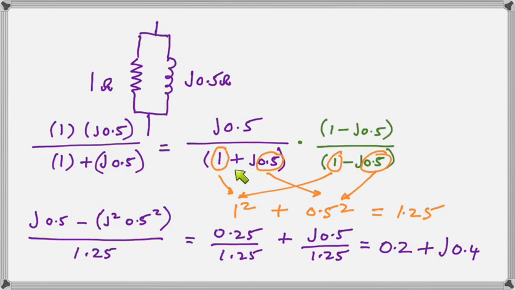So under here now we have a complex number which we have to eliminate. So we use the same procedure we used in the last one. If we have 1 plus J.5, we have to multiply it with 1 minus J.5. So when you have a plus J.5 and a minus J.5, and the complex number is identical except that the sign of the complex part is changed, that's referred to in mathematics as the complex conjugate.